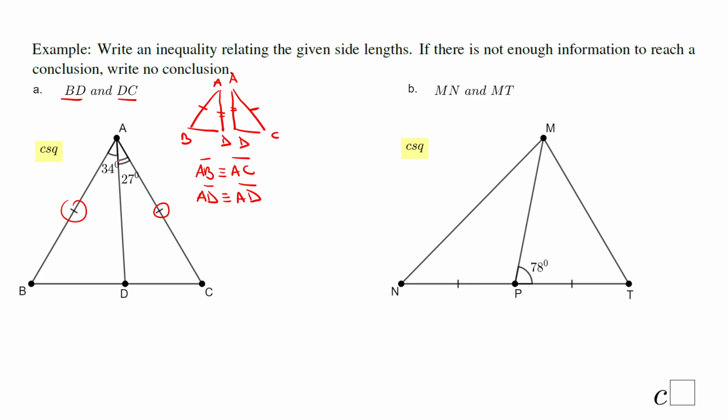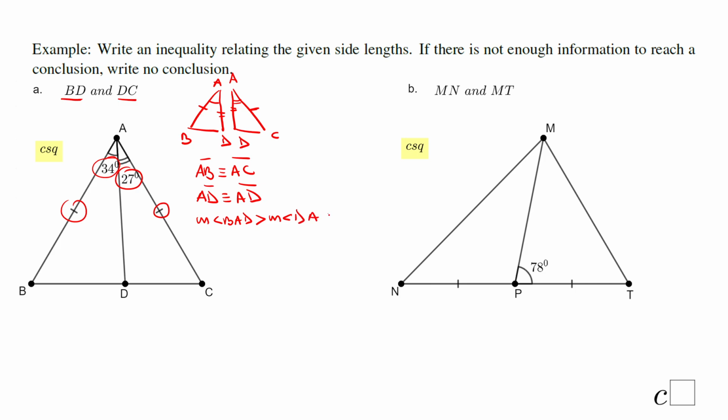Now we look into these two angles and we notice this angle is greater than the other one. The measure of angle BAD is greater than the measure of angle DAC. How do we know that?